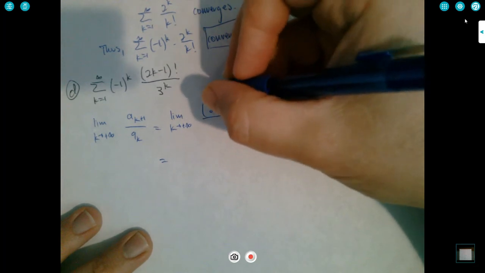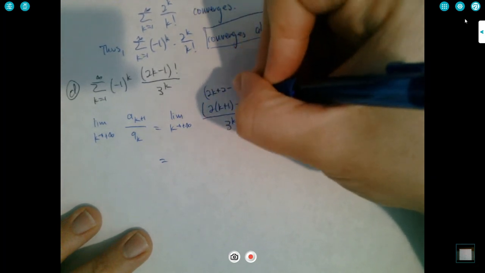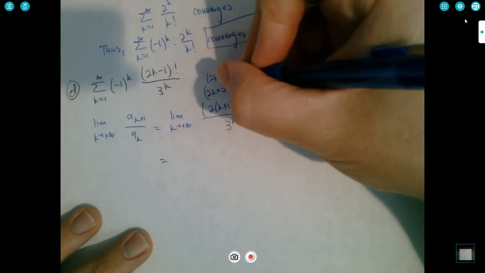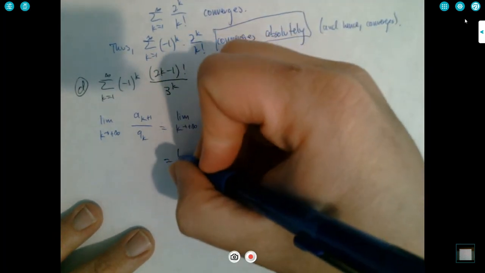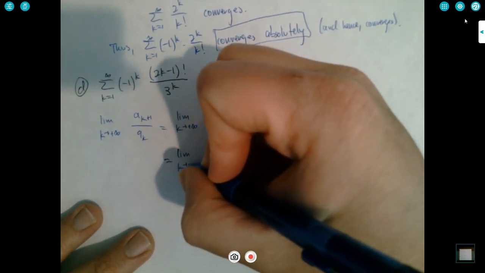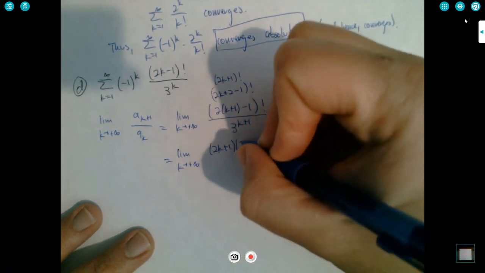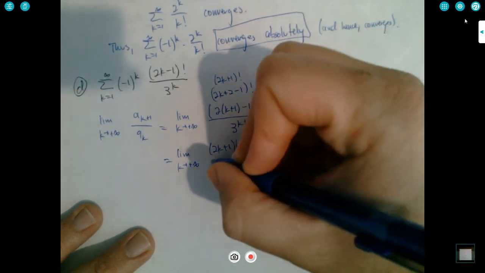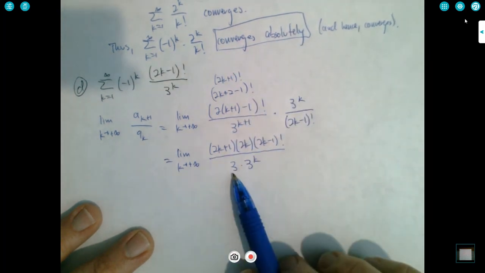Right, this guy, by the way, if you need some extra guidance, it's this thing, factorial, which is really just 2k plus 1 factorial. So I'm going to write it like this: 2k plus 1 times 2k times 2k minus 1 factorial. This is just 3 times 3 to the k.